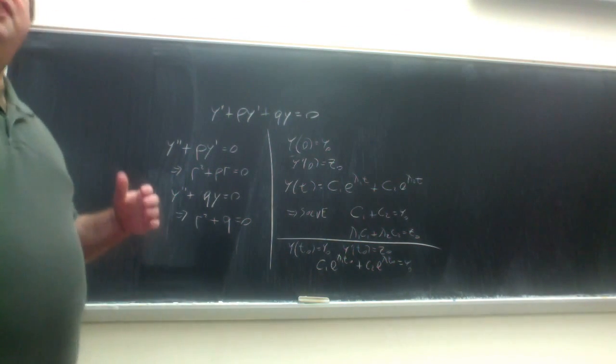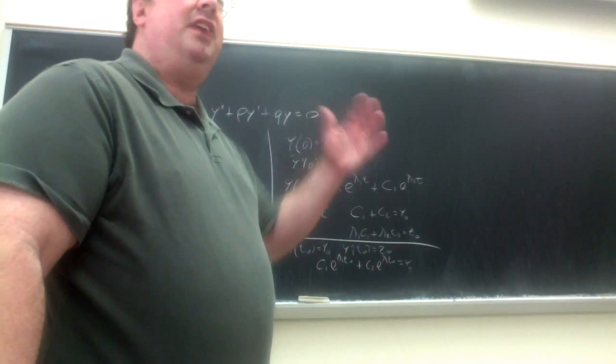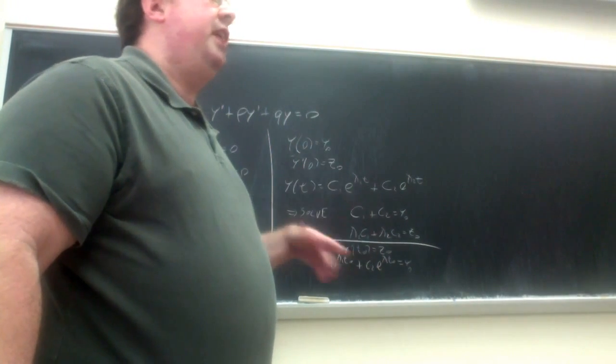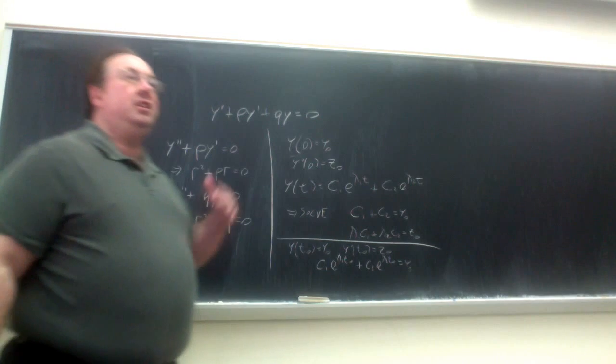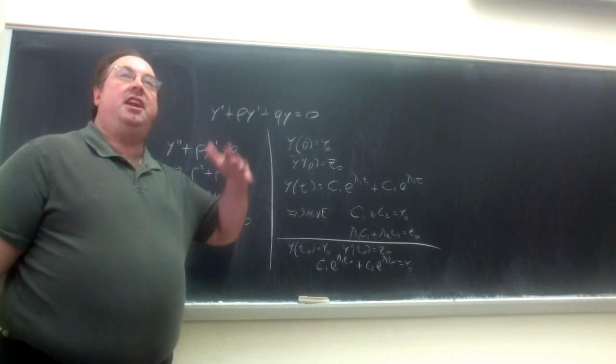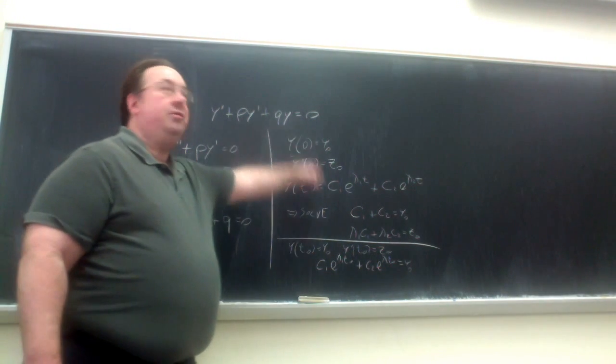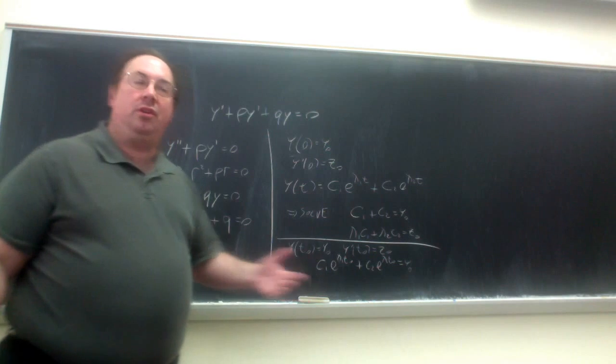Just like initial conditions that we solved back in the last chapter, where it was a first order equation so we only had one initial condition, you're always plugging in the initial time, setting it equal to the initial value. That always works.